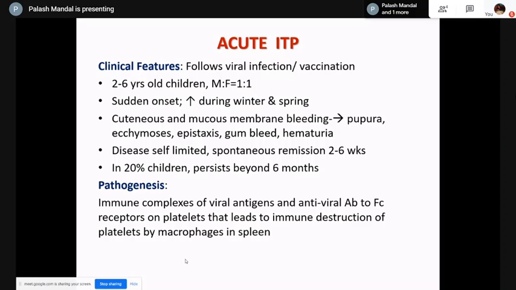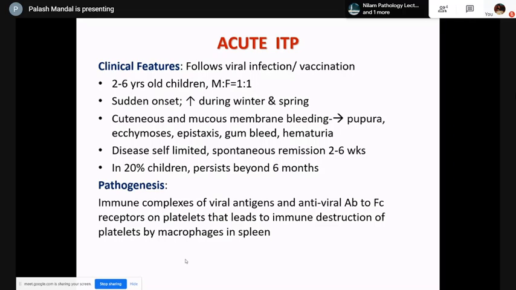If you think of a spray painting, then you can understand purpura better. Ecchymosis is a blotch. When some color falls on a canvas, it produces a blotch, that is ecchymosis. Epistaxis means bleeding from the nose. Gum bleeding is there. Hematuria means bleeding with urine. So these are the terms and these are the manifestations which happen with ITP.